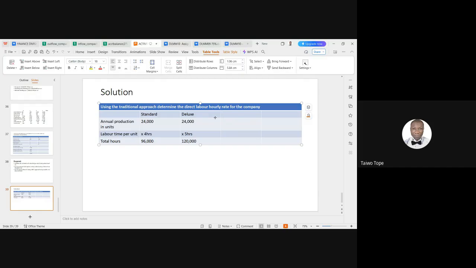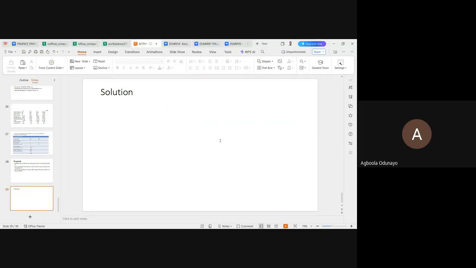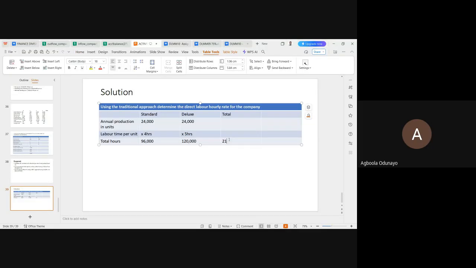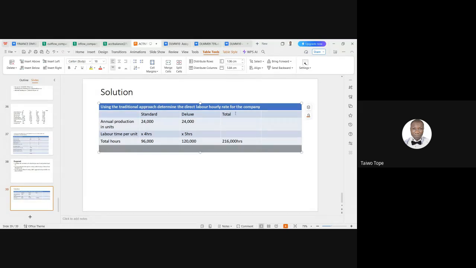The total will give you 216,000 hours. So now, to determine your overhead absorption rate, what will you do?